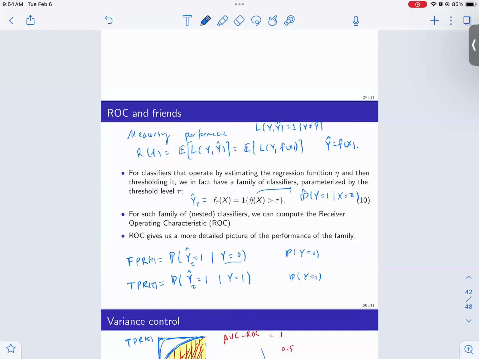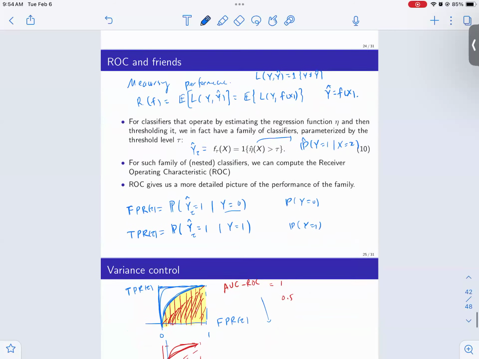If tau is less than 0, the chance that this is bigger than 0 is 1. So it's always going to be 1. And if tau is bigger than 1, this is always going to be 0. So basically at some point you get the classifier that classifies perfectly as 0 and perfectly as 1. And those are these two points.